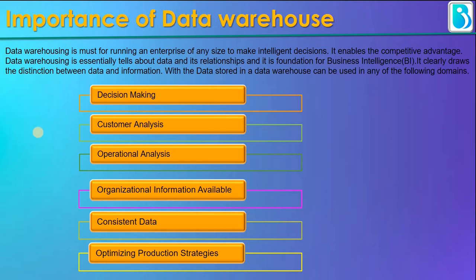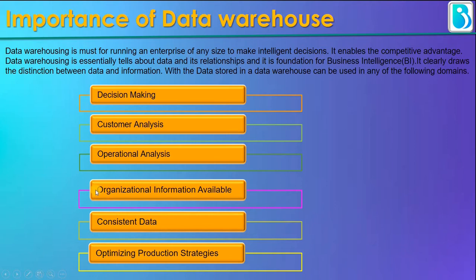That is possible only with a data warehouse, because we will have the consolidated data stored in one place, and we will have all the data related to the customer across the organization. And operational analysis. We will be able to get the operational analysis by applying the required set of queries on the data warehouse. And we will have the organizational information available at one place.